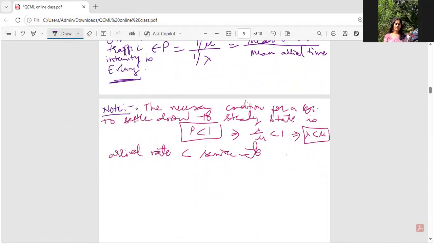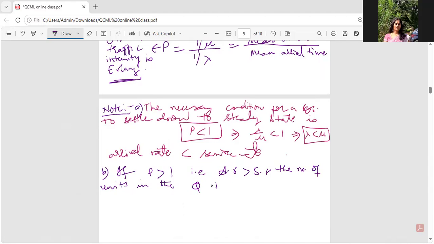On the contrary, if rho is greater than 1, that is, arrival rate is greater than service rate, the number of units in the queue tend to increase indefinitely as time passes.